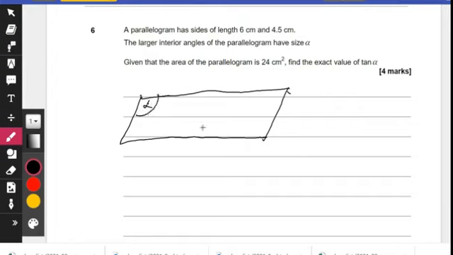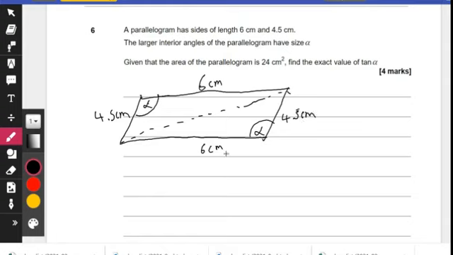We've got alpha, and we've got the lengths 6 centimeters and 4.5 centimeters. The key here is realizing that you can actually split this into 2 identical triangles this way. So of course, this will be alpha, and this will be 6 centimeters, and this will be 4.5.